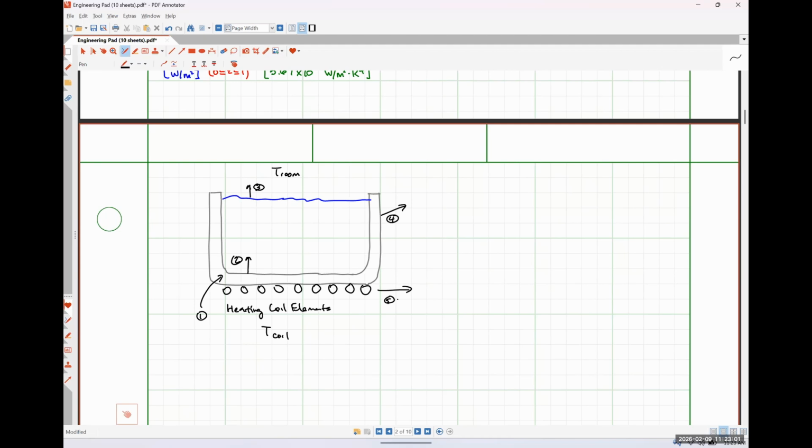The pot is going to, some of its heat is going to get transferred to the surrounding air. Convection, yes. So let me just write these out. So we have conduction, convection from solid to liquid, here we have convection from liquid to air.